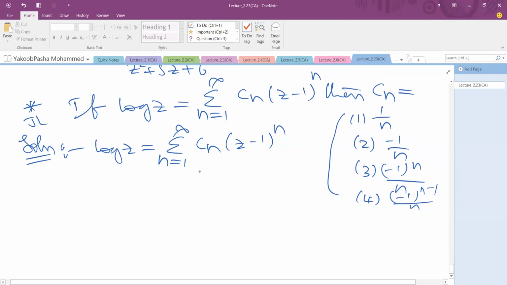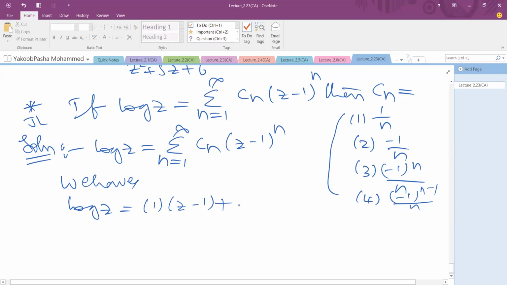So actually Cn, the expansion of log z is, we have log z expansion about z equal to 1 is, first term is 1 by 1 into (z minus 1). That is 1 into (z minus 1).